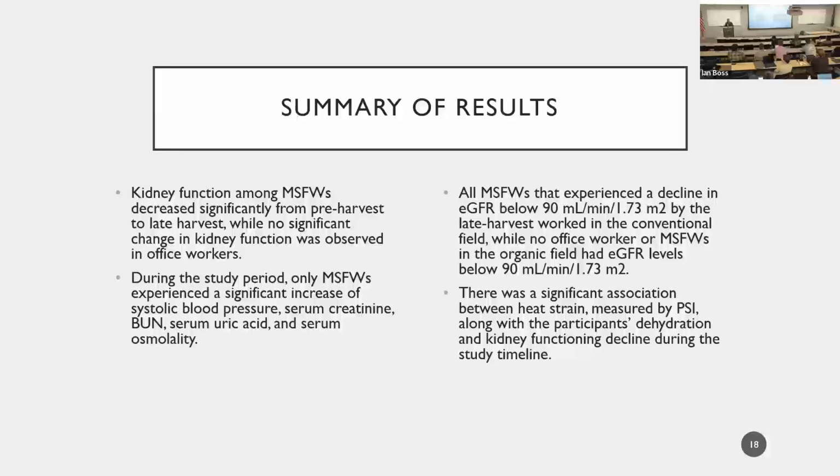The field workers also had a decline in eGFR below 90, with the one graph I showed you, only in the conventional field, not in the organic field. And as I said, that's associated with at least stage 2 chronic kidney disease. And there was also a significant association between heat strain measured by the physiological stress index, along with dehydration.